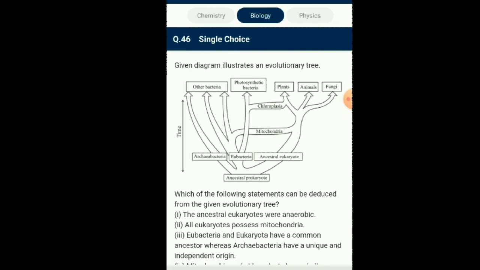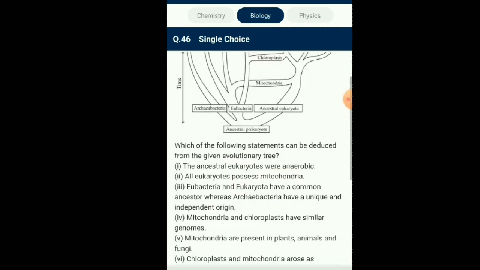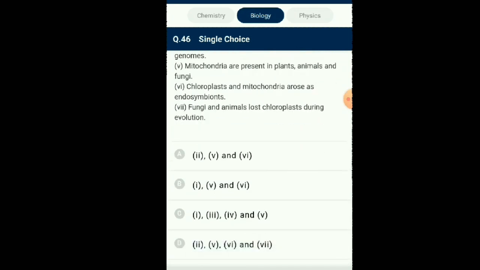So the answer for this question is option B. From the given statements, statements 1, 5, and 6 are related to the given diagrammatic representation.